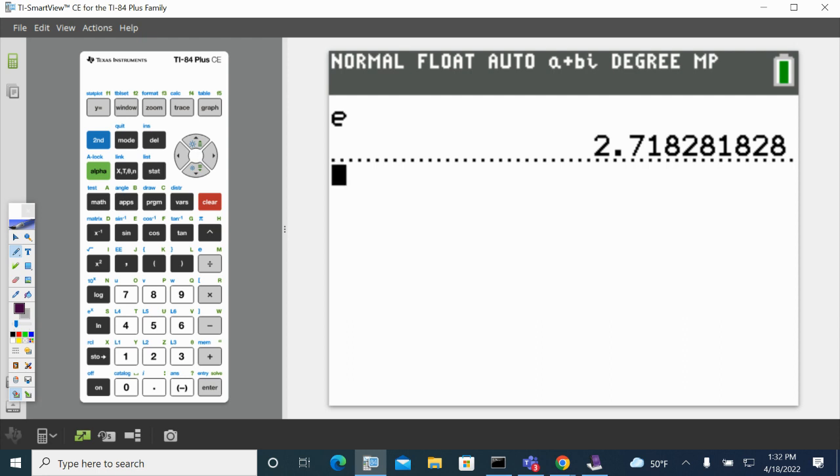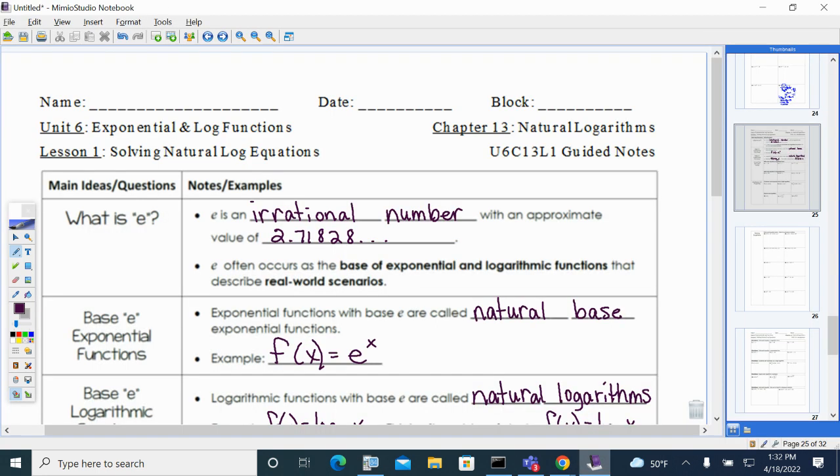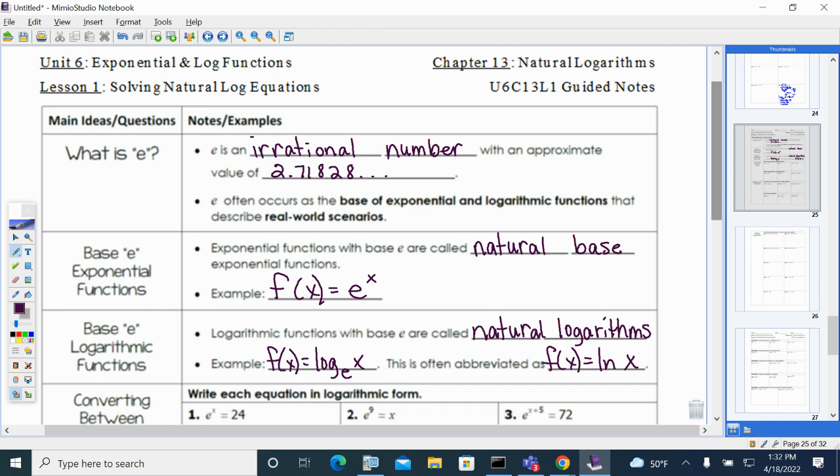So I'm going back to our notes. Base e exponential functions: exponential functions with base e are called natural base exponential functions. The example that I have here is f of x is equal to e to the x, where e is your base on the exponent.